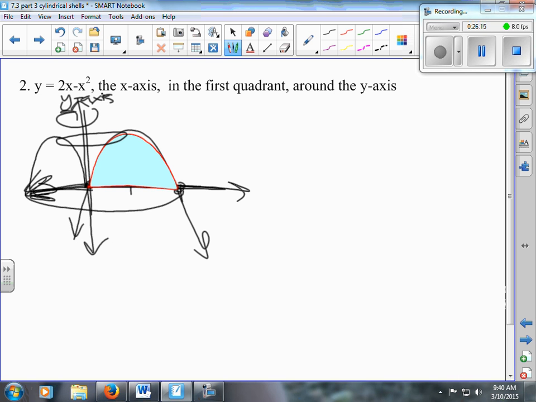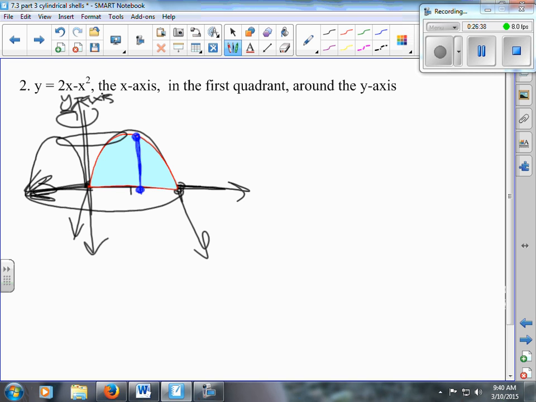Okay, so look at the blue area before you look at the volume. Do we have top minus bottom or right minus left or either? Definitely top minus bottom. If you look at that curve, the parabola is the top the whole way. If you think about it as being right minus left, well, it's both the right and the left, so you don't want to do that.